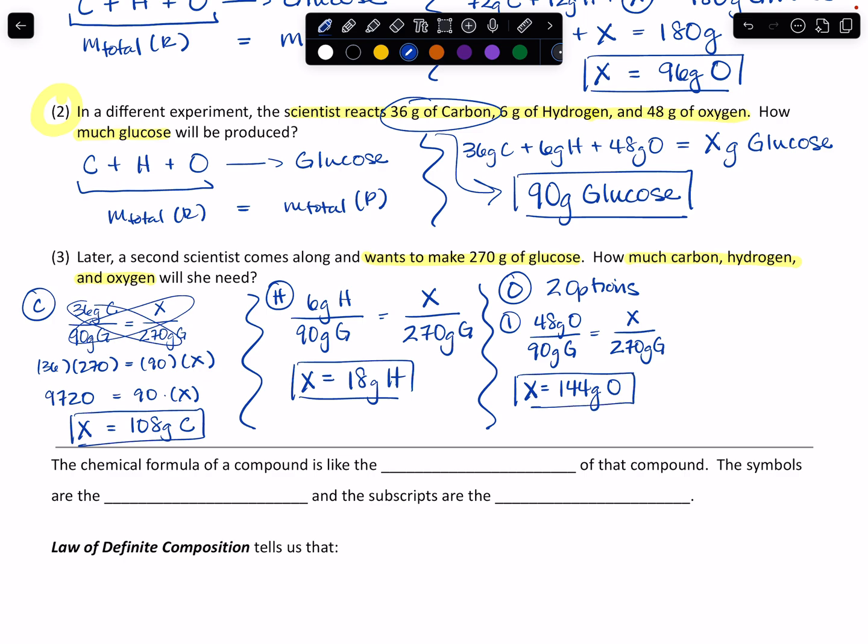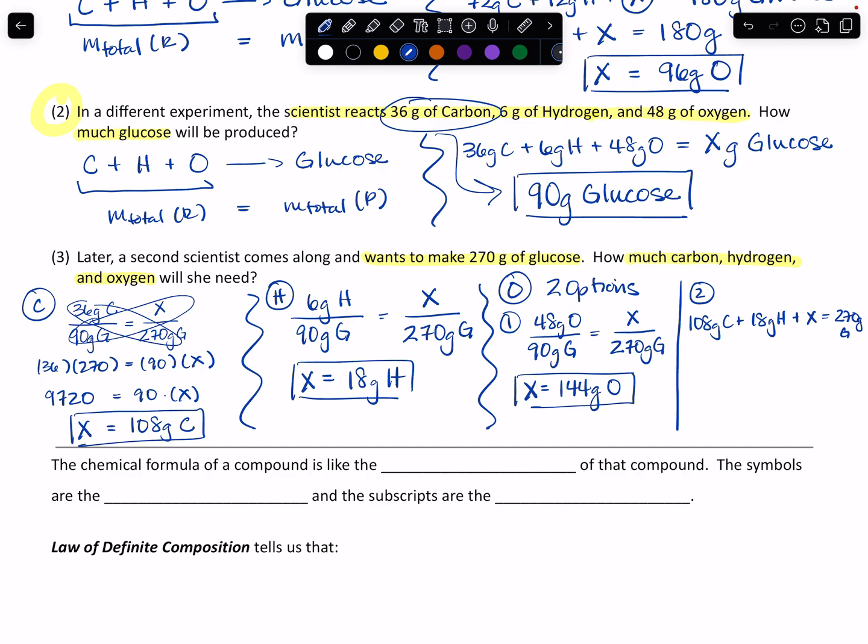Your second choice here is to use the law of conservation of mass. I know that the carbon plus the hydrogen plus the oxygen has to equal the glucose. So in this case, the 108 grams of carbon plus the 18 grams of hydrogen plus X has to equal 270 grams of glucose.